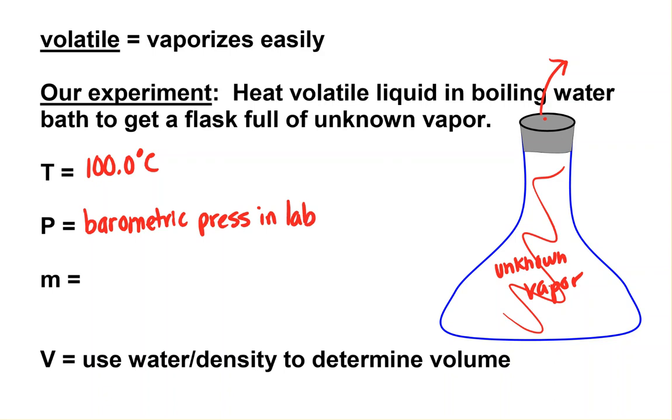That's what we'll use. Okay, and then the mass of the vapor is a little harder to get. If you have a flask full of this unknown vapor and you put it on the balance, you're not going to be able to determine its mass. There are lots of ways to explain that, but one way that's easy to understand is that when it's in the gas phase, its density is similar to its surroundings, and so you don't get the true mass of it.